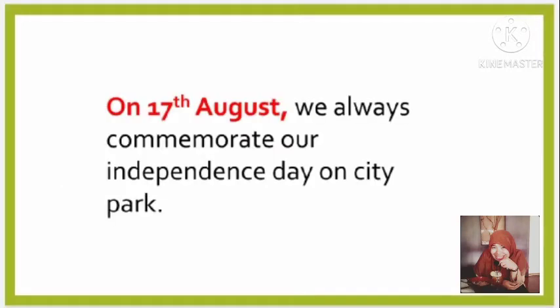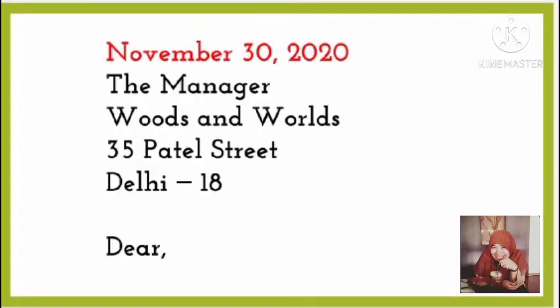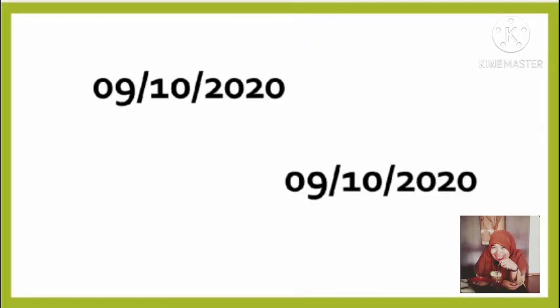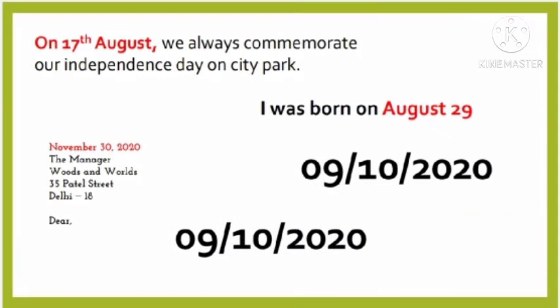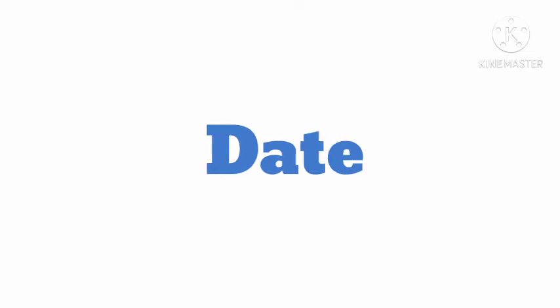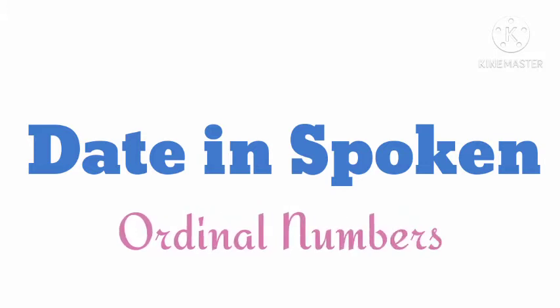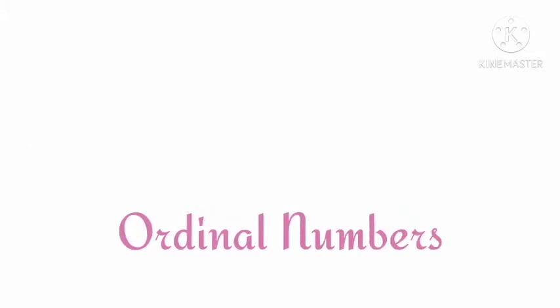Hey, I wonder, have you ever seen a text like this? Or like this? Or like this? Or maybe like this? Do you know how to say them in English? Well, there are two different ways of telling dates in English, spoken and written English. To say dates in spoken English, there are some features that you have to know. First, in spoken English, we use ordinal numbers. What are ordinal numbers?